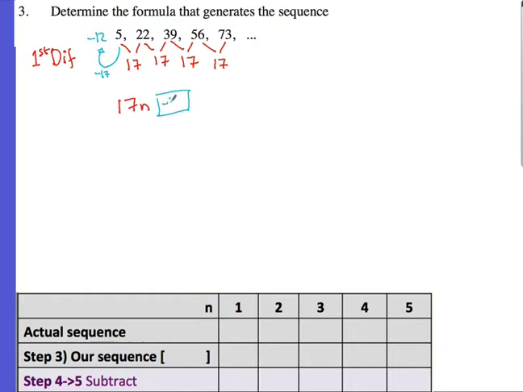So it's 17n minus 12, and that is our sequence, or the formula that generates this sequence. To finish off, to show you understanding, you would say un, or the term sequence, is 17n minus 12. So we didn't even need this because it wasn't a quadratic, it was a linear.